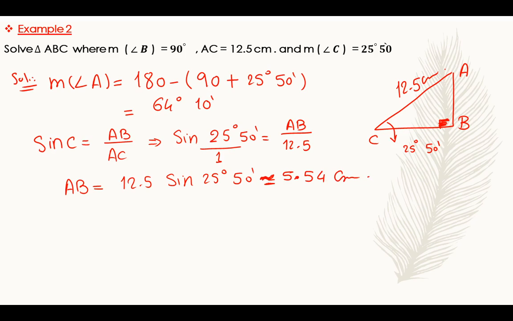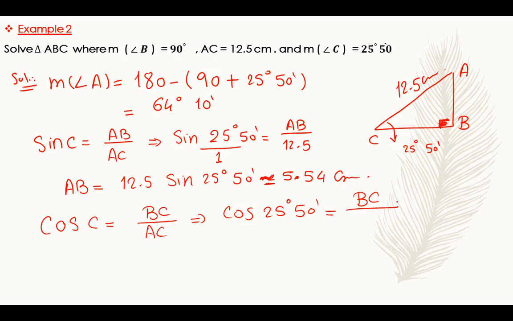Okay, now we have the length of AB and we also have the length of AC, so we can find the length of BC by using Pythagoras, or we can use cosine C. We all know that cosine C equals adjacent over hypotenuse, so it will be equal to BC over AC. So cosine C, which is 25 degrees and 50 minutes, equals BC, which is unknown, over the hypotenuse, which is 12.5.